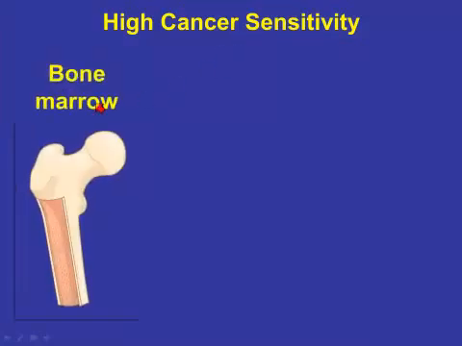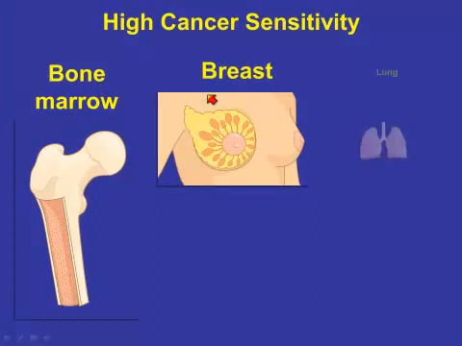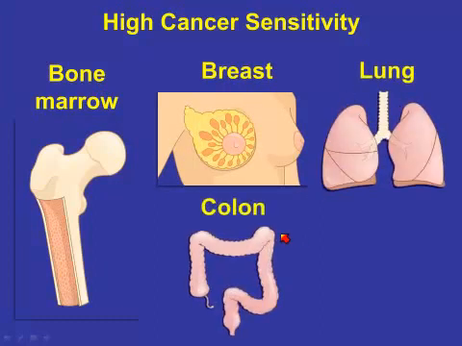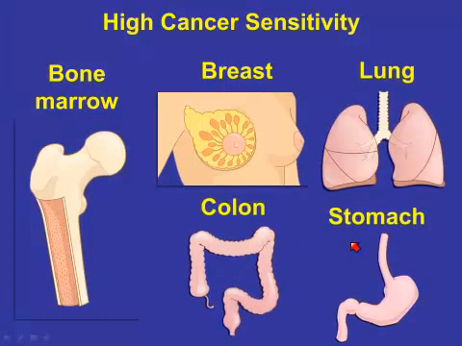How do I calculate the effective dose? I take into account how much radiation an organ gets and how sensitive it is. And the sensitive organs and tissues are the bone marrow for the induction of leukemia, the female breast, the lung, the colon, and the stomach. And if these organs and tissues are exposed to radiation, your effective doses will be high.